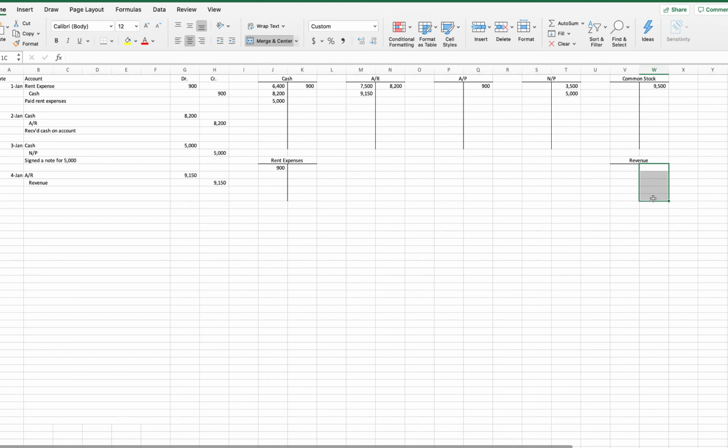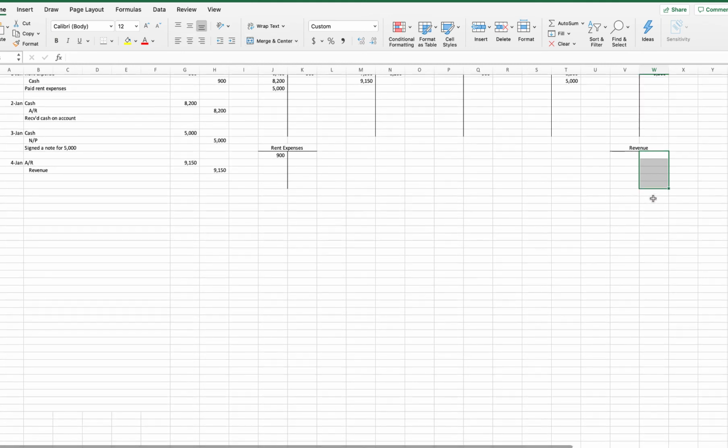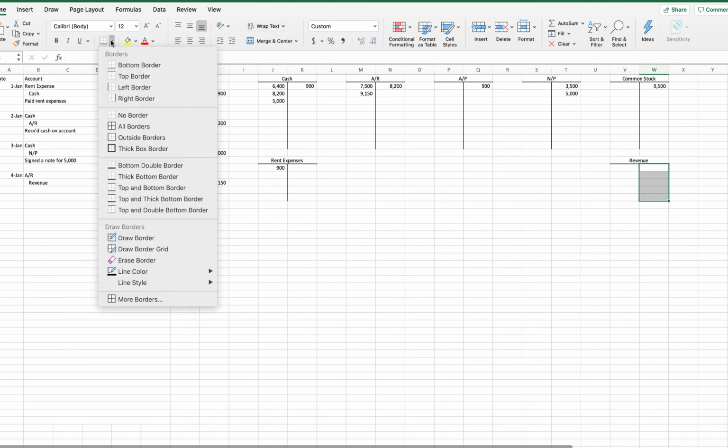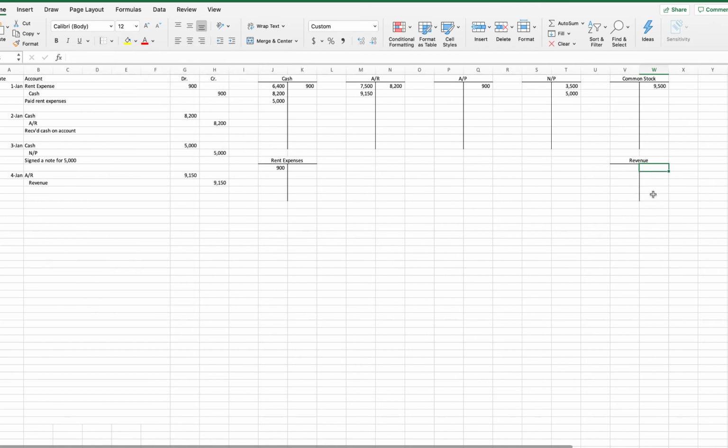I'm going to select just an arbitrary amount, five cells, that's fine. I'm going to put in my left align, and I'm going to post the credit of $91.50 in revenue to the T account or to the ledger.